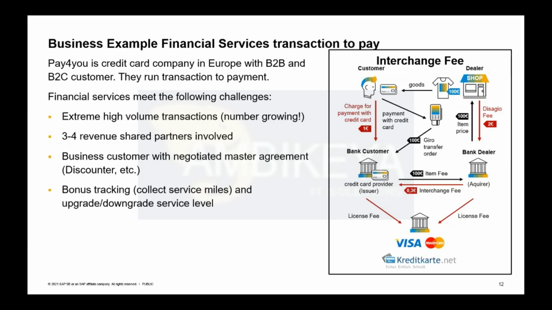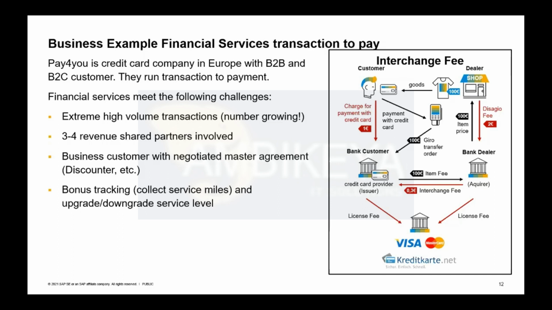In financial service, you have the following challenges. You have an extremely high volume, and the number of transactions is still growing because we more and more use cards instead of cash. This makes the volume of transactions grow. Normally, you have 3 until 4 or more partners involved in those transactions.